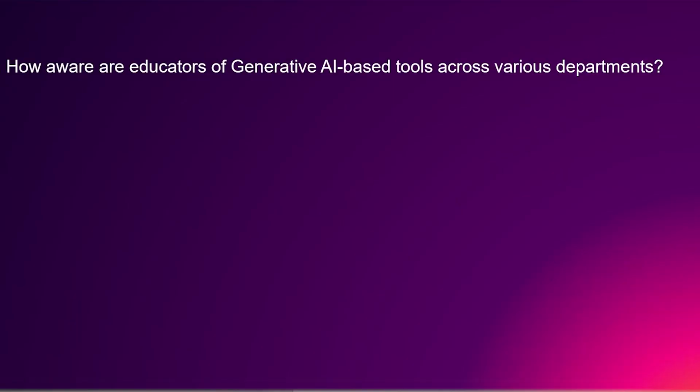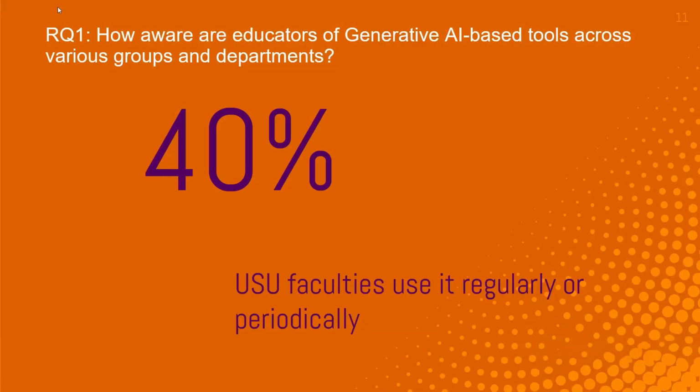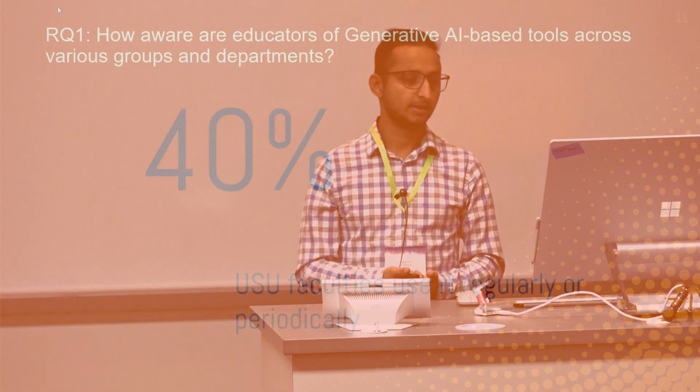So keep that in mind, because this has been changing so rapidly, and given that ChatGPT was the fastest growing internet service when it came out, what it was in May might not be true right now. But 40% of the respondents, and those respondents are USC faculty, not students, use it regularly or at least periodically. That was a big number that surprised us first.